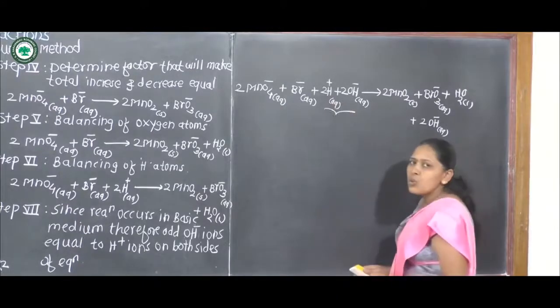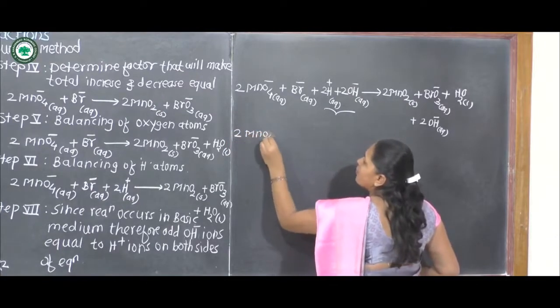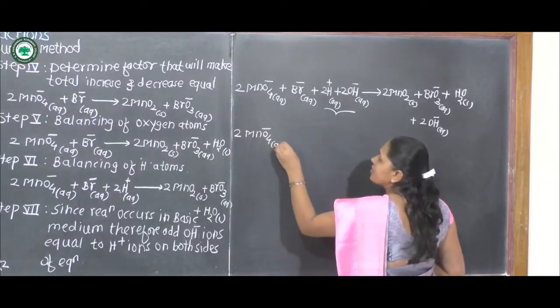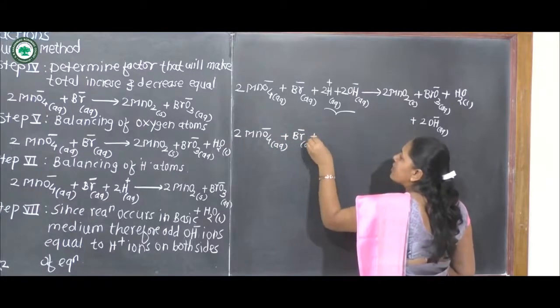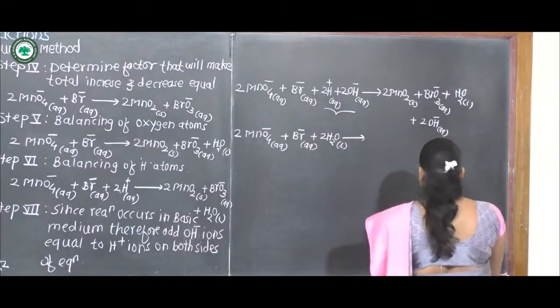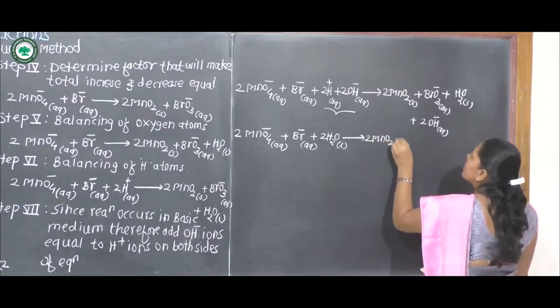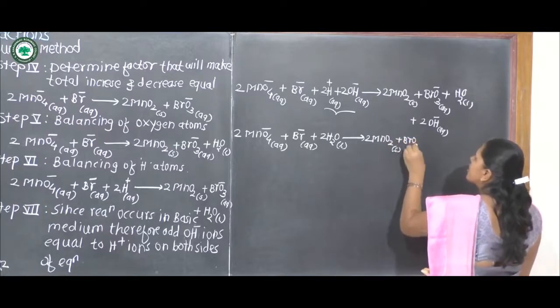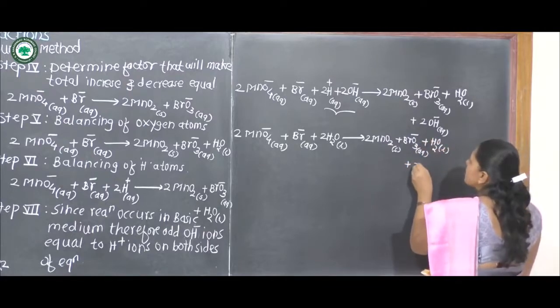By combining 2H⁺ and 2OH⁻, the reaction becomes 2MnO4⁻ + Br⁻ + 2 H2O(l) gives 2MnO2(s) + BrO3⁻(aq) + H2O(l) + 2 hydroxyl ions.